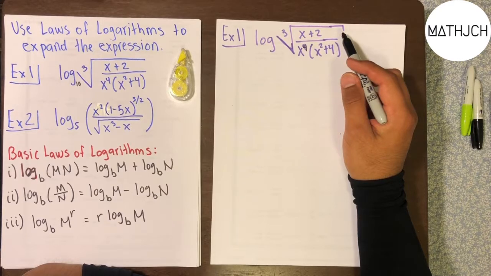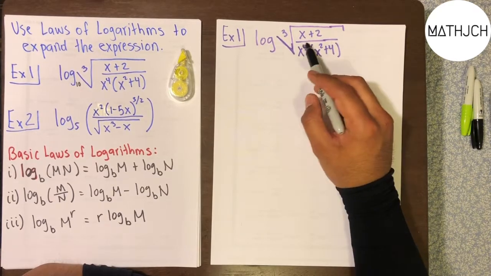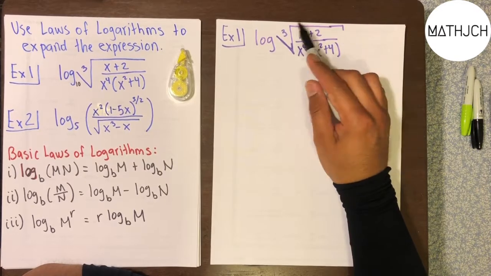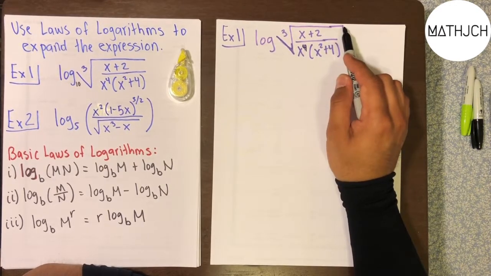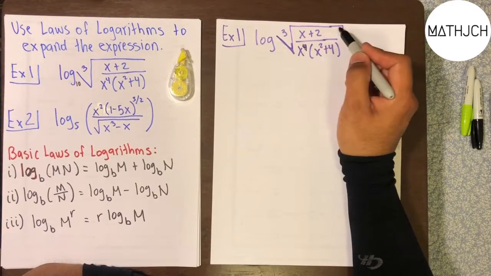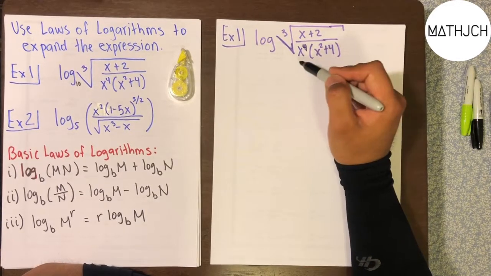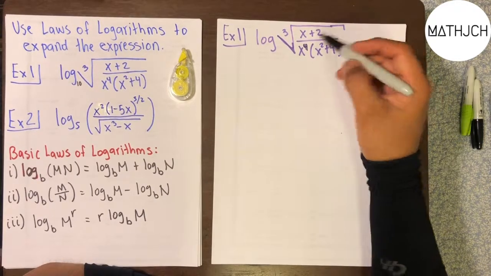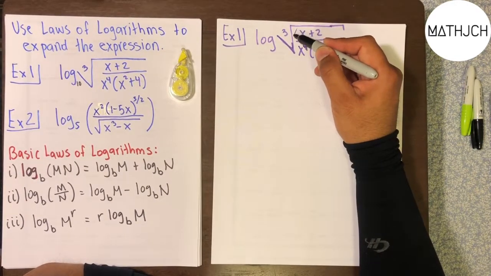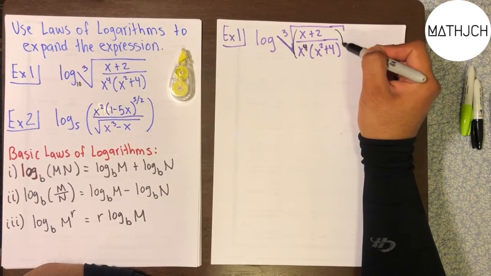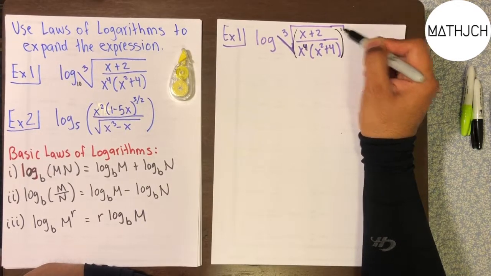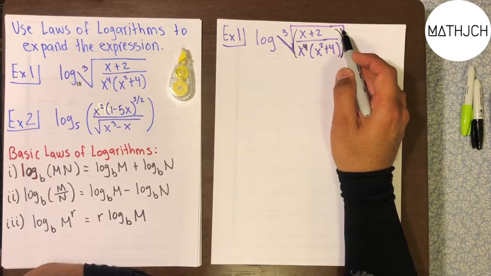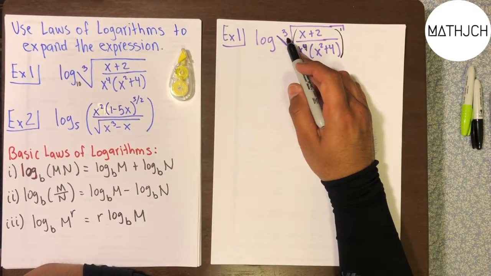The first step that we would like to do is to rewrite this radical expression into an exponential expression. Because we have a radical, we could actually rewrite it as an exponential expression. Notice everything inside, we're going to take it as if it's a power 1, so we have a power 1 here, and then we have an index 3.